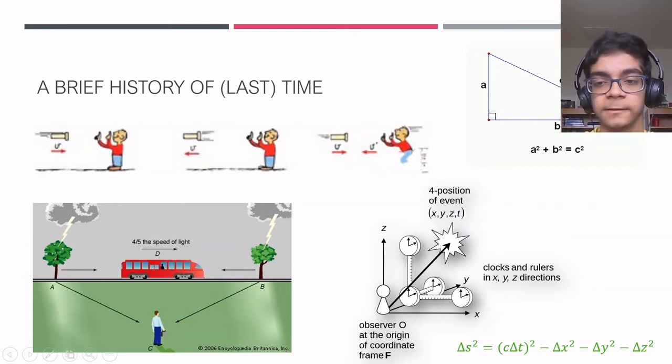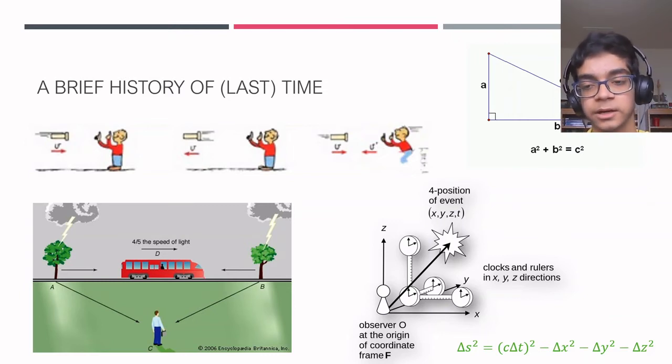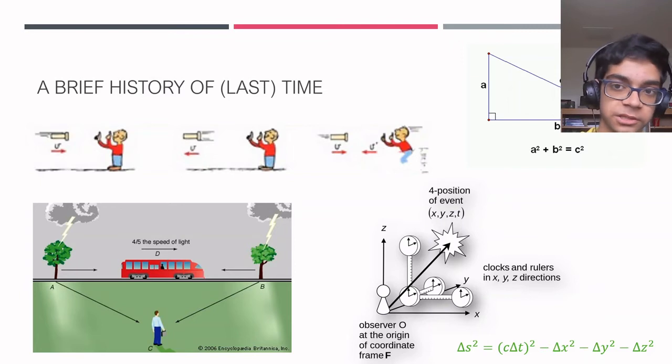So the space-time interval squared equals c times delta t squared, which is essentially the distance that light takes to travel to that point in time from the origin, which is time equals 0, minus the change in x squared minus the change in y squared minus the change in z squared.